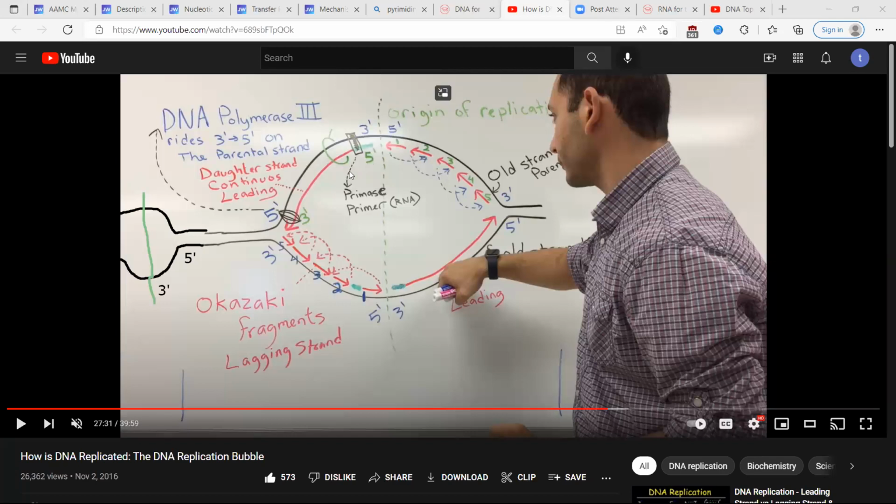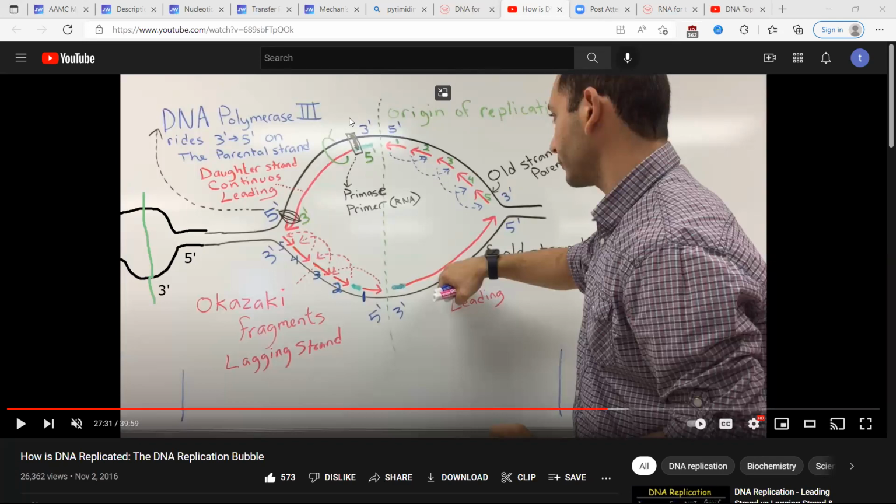So, when you say leading, the leading strand being built is 5 to 3 because it's being built 5 to 3. But the template that it's working on is 3 to 5. So you have to be careful when you think about the leading strand and the parental strand that it's working on.